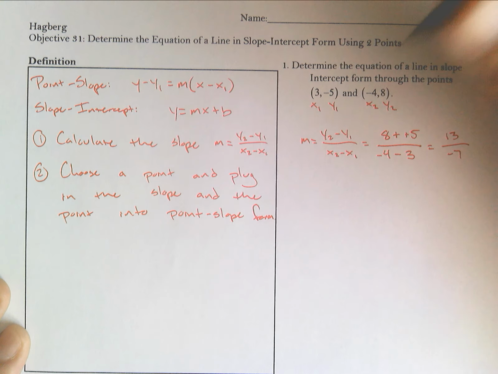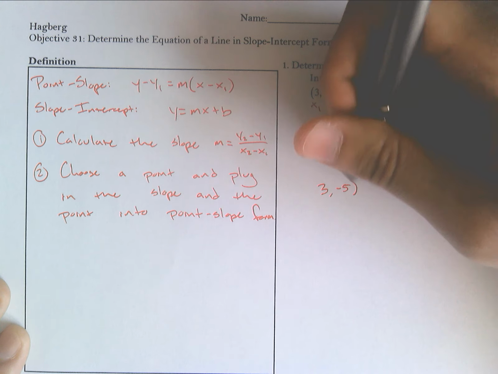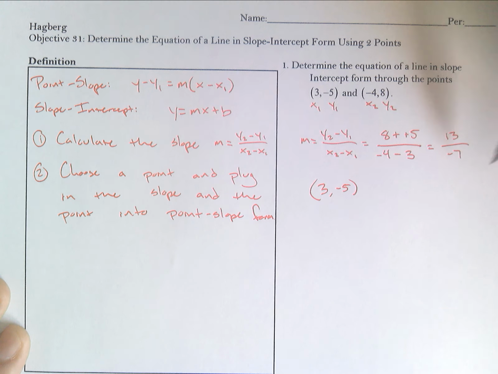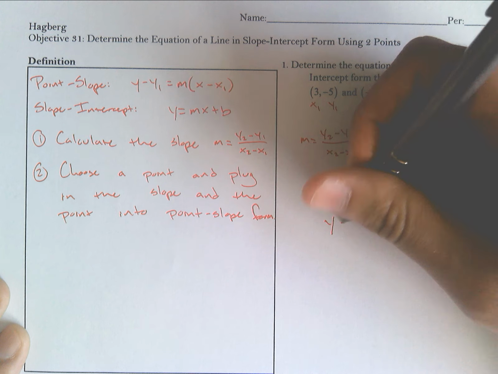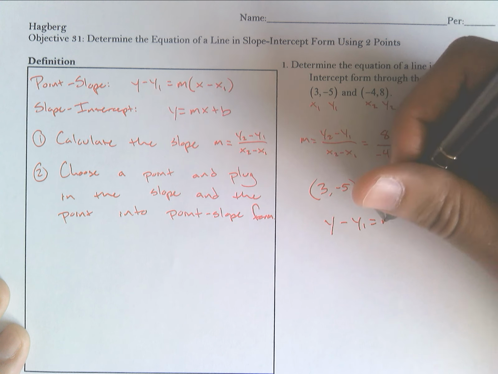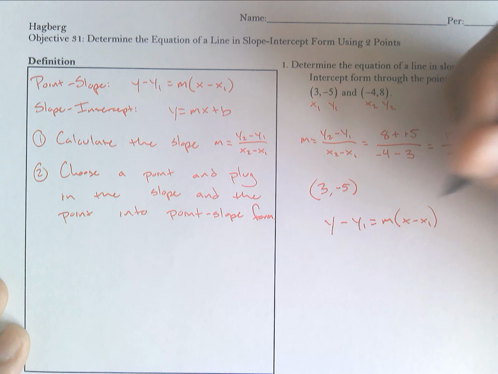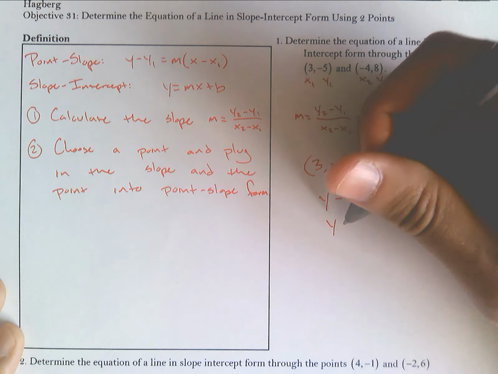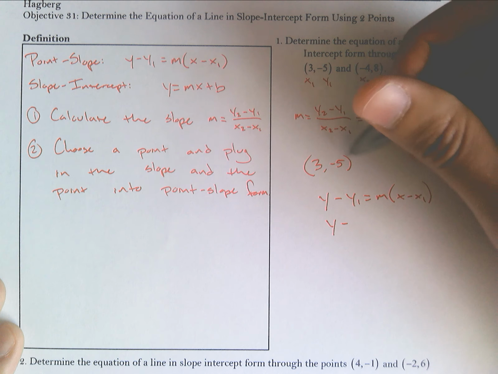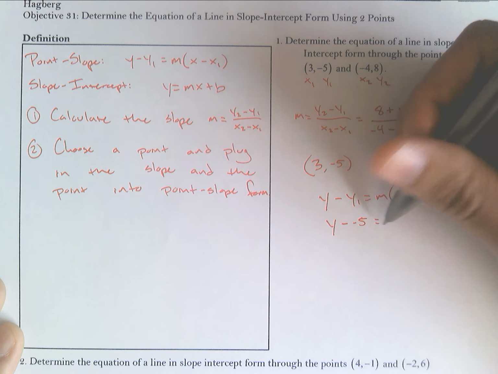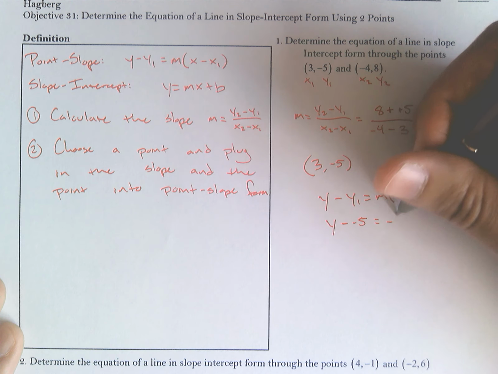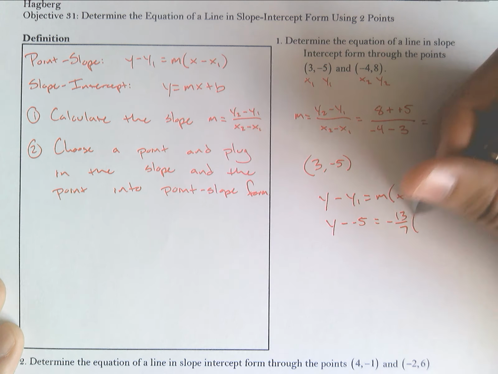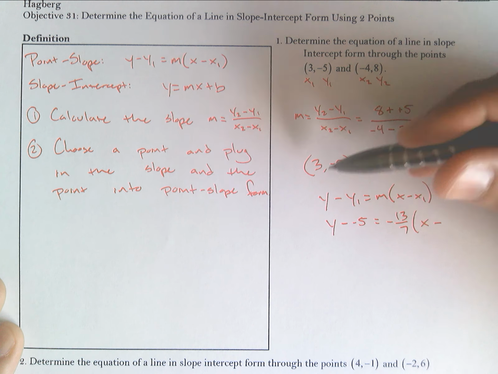Let's choose this first one, 3, -5, and plug in the slope, so this here, the -13/7, and this point into point slope form. As a reminder, point slope form is y minus y1 equals m times x minus x1. So we have y minus, well, y1 is -5, equals our slope, so -13/7 times x minus x1, well, x1 is 3.